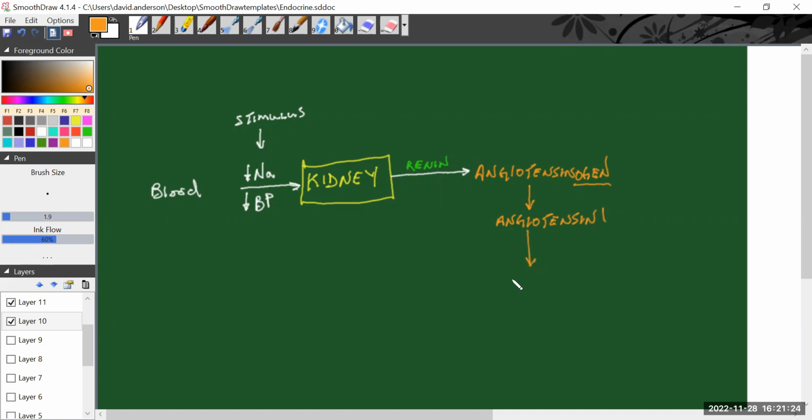And that has to go through another step to become angiotensin 2, and it uses an enzyme called ACE, angiotensin converting enzyme.